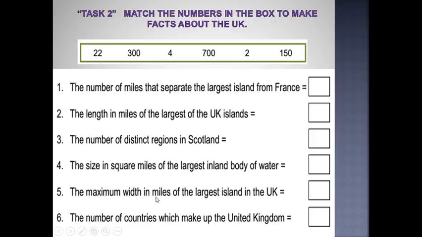The maximum winds in miles of the largest islands in the United Kingdom is 300. The number of countries that make up the United Kingdom, it's an easy question, yes, is 4.